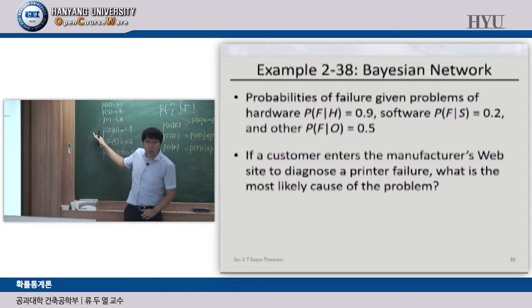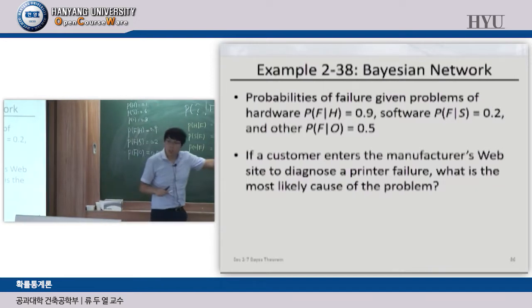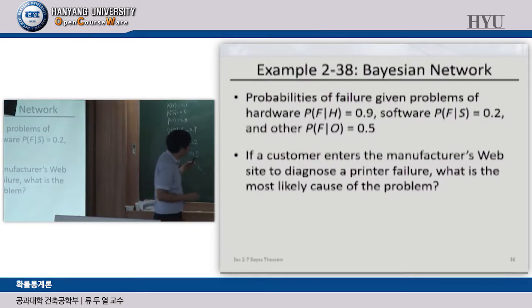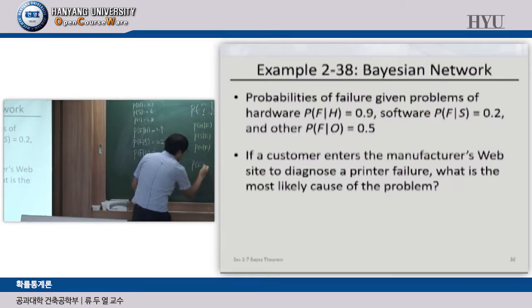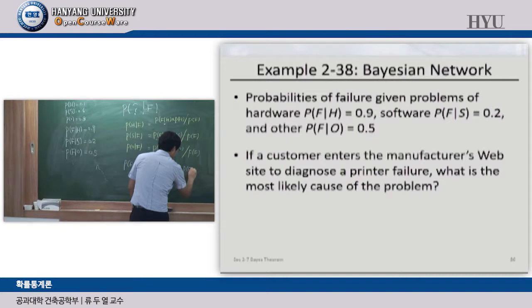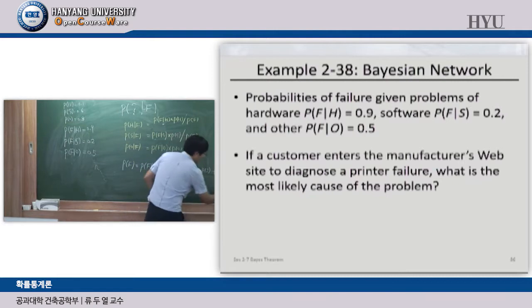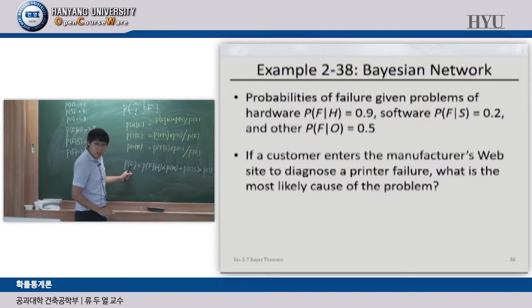From here. But we don't know about the probability of failure. So as I already explained, from the tree diagram, the probability of failure can be the conditional probability of failure given H times the probability of H, and so on. We can use this equation, right?